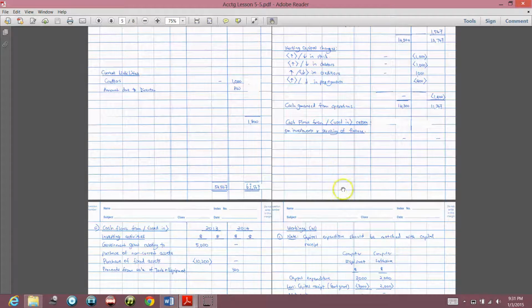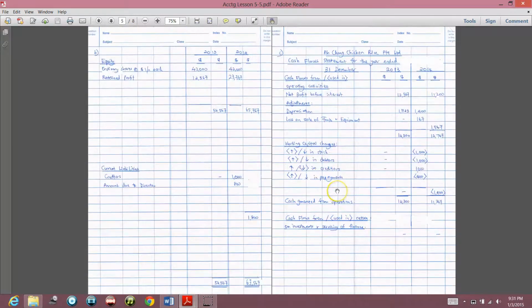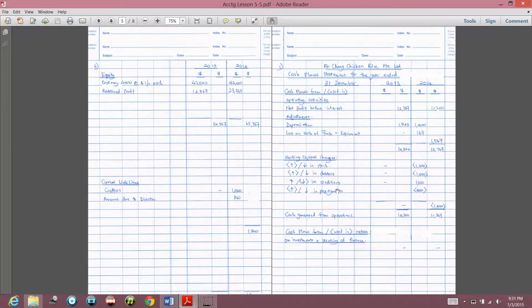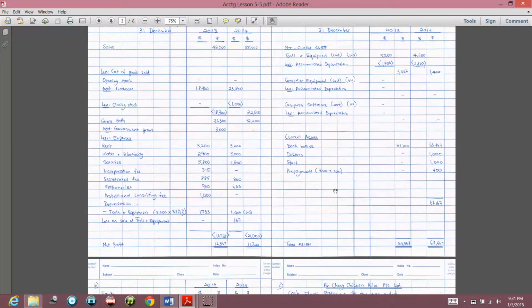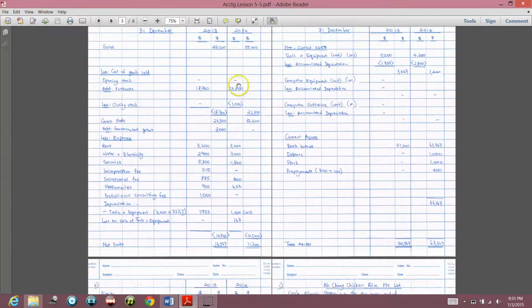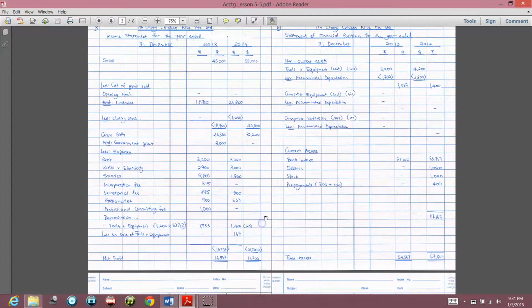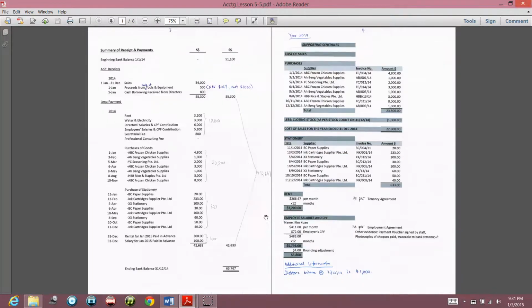Now that I have laid down the format, I will put in whatever figures are easy for me. If you look at the income statement, the profit and loss account, it's easier for me to look from here. You see the receipt from sales is 54,000.